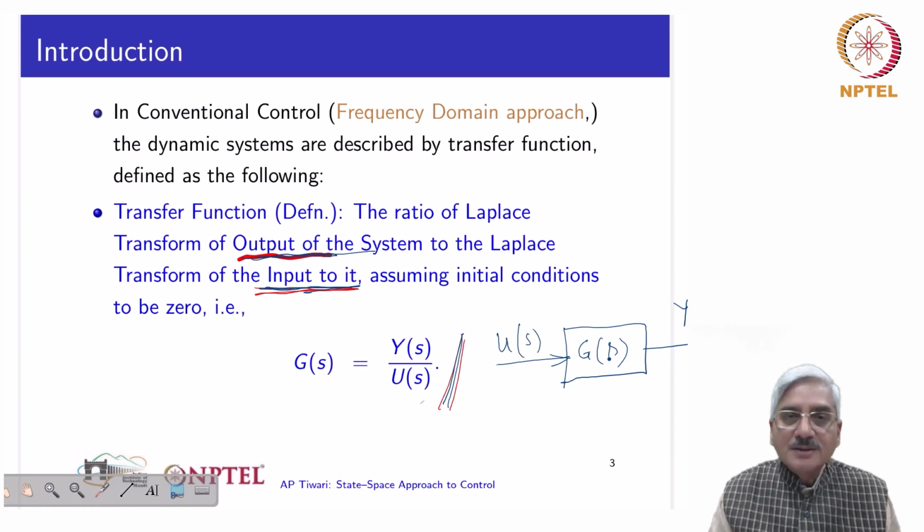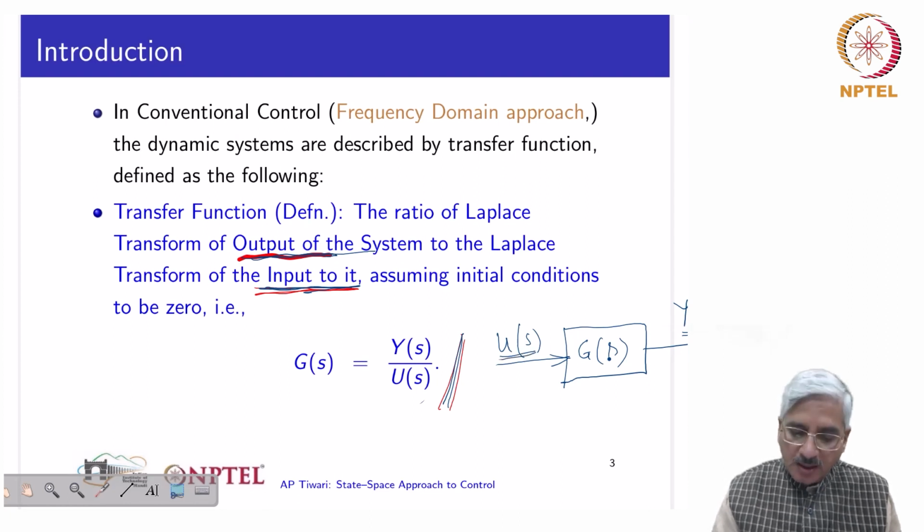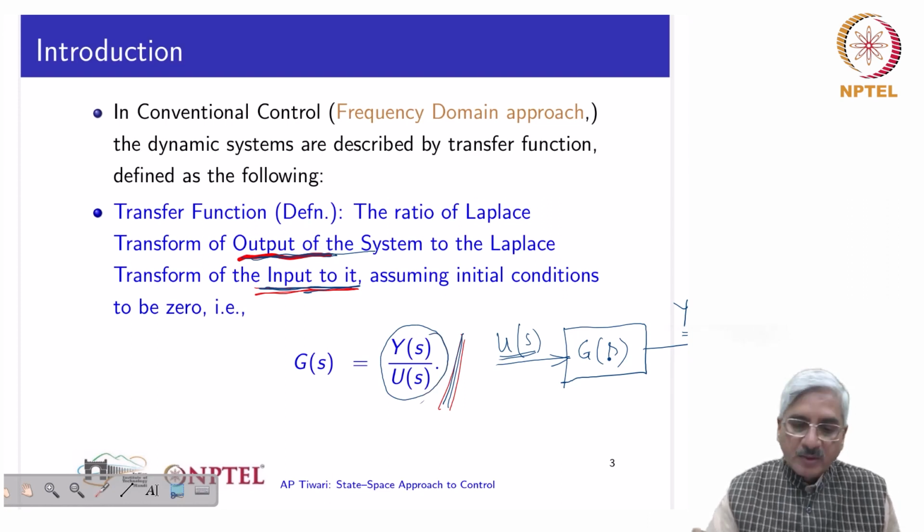In conventional control, most of the time the consideration is to single input systems. That means Y is a single output, U is a single input, and this Y(s) by U(s) is a ratio of two polynomials.